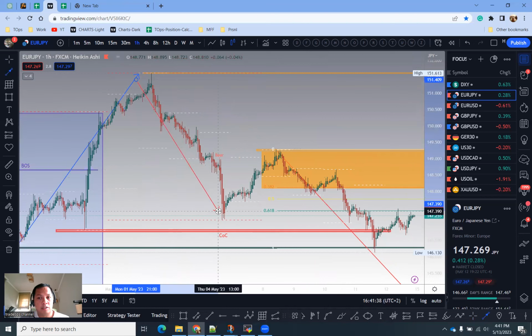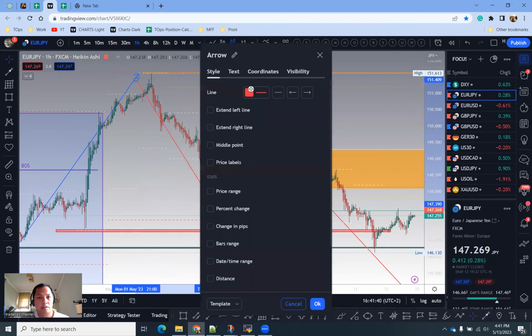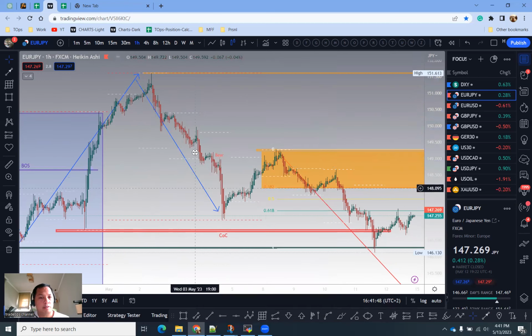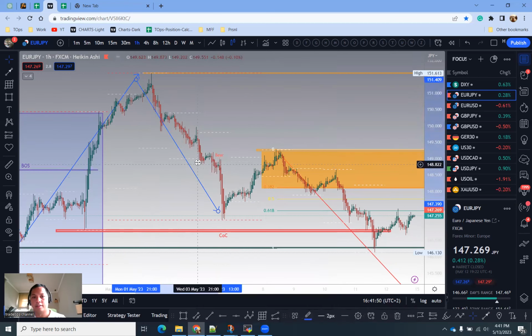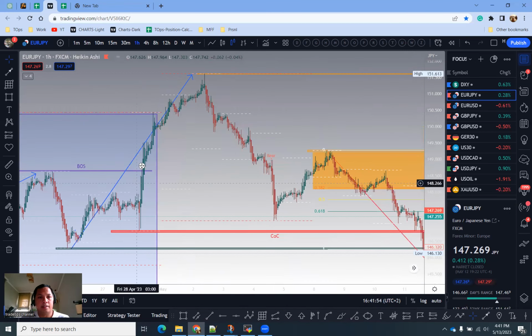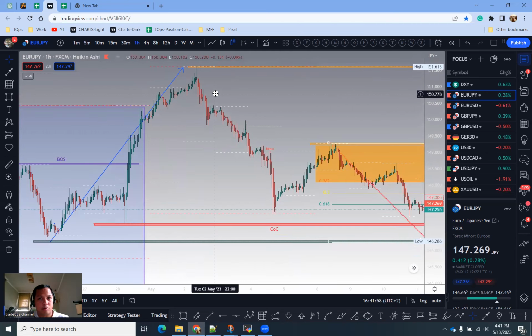So kung naglo-long ka, dahil you believe that the high time frame is bullish, and then you always go long, then probably you will be in a big drawdown. Okay? So when do we say that we should not go long for this?